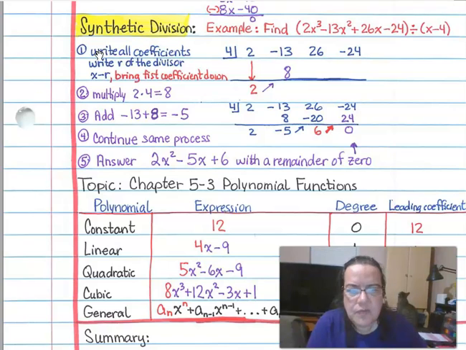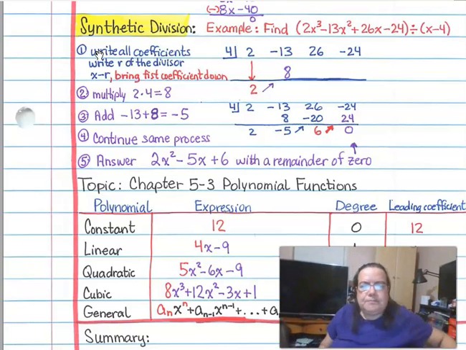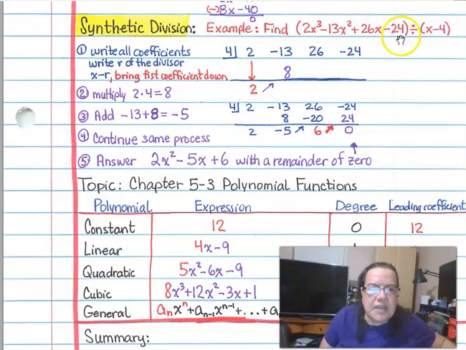So let me remind you again what coefficients are. Coefficients are those numbers that are in front of the letters, right? So if you notice, the coefficients here are 2, -13, 26, and -24. So that's what you're going to be writing down: 2, -13, 26, and -24.